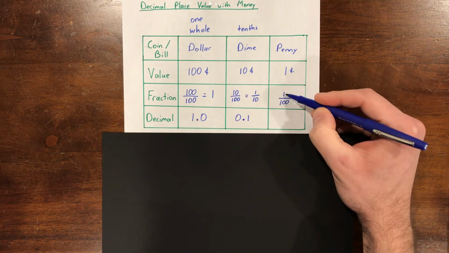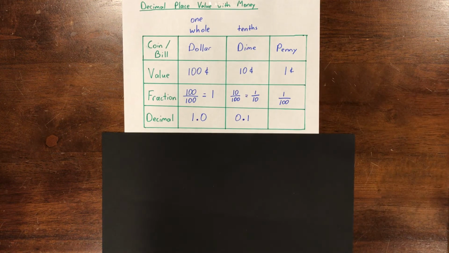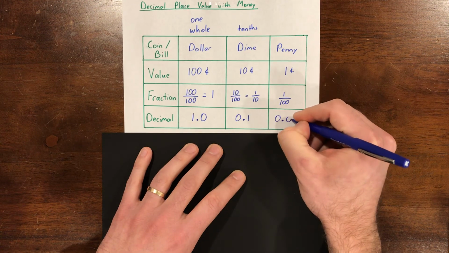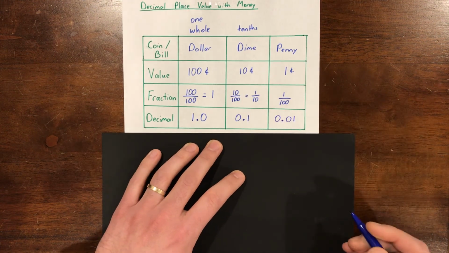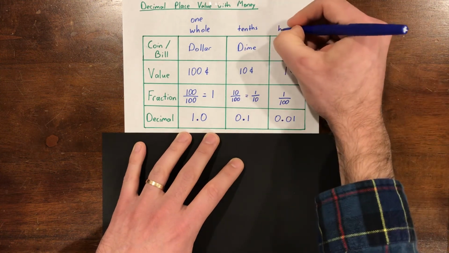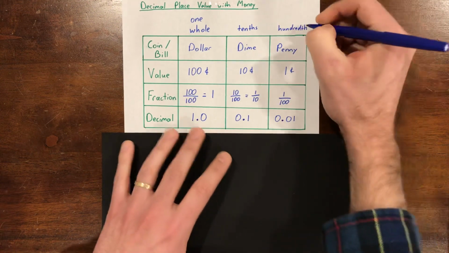And a penny is 1 cent, so 1 out of 100 total. And how can we express that as a decimal and why? Say it out loud. Yes. We would put a decimal point 0.01 because we have 1/100th, and this is the hundredths place. So I'm going to write hundredths up here on top of our chart.